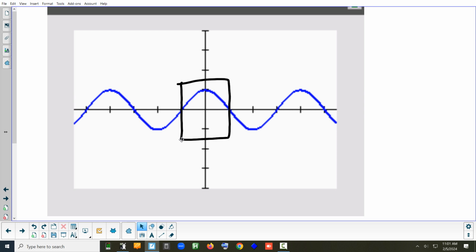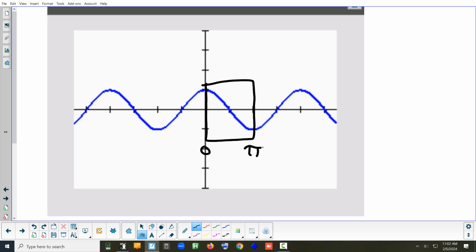I found 2 spots closest to 0 that do pass the test, which are going to be 0 to pi, and 0 to negative pi. So we're going to use 0 to pi. And that's how the calculator does it. So we're going to limit the domain of cosine to only be 0 to pi. That's the section we're going to consider.